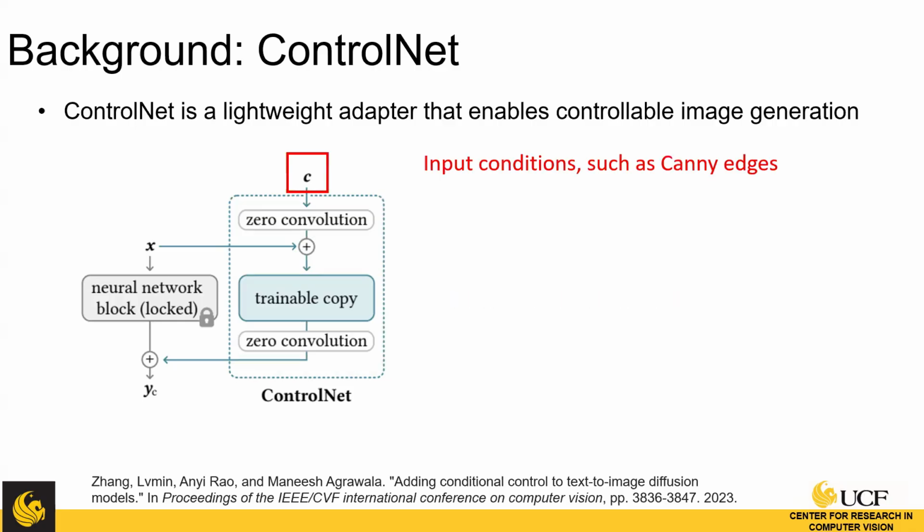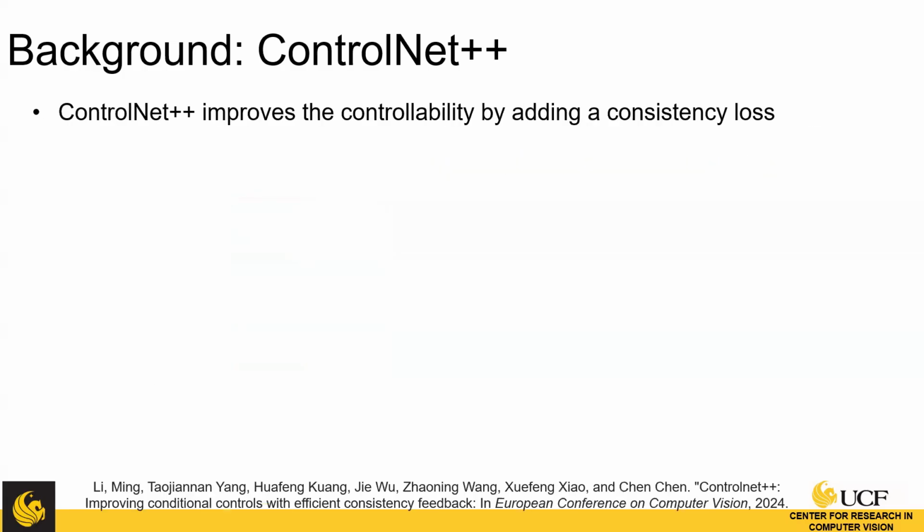The input conditions such as canny edges are extracted by the copied diffusion model, which we call the ControlNet. The reason it is lightweight is that we only copy the encoder part of the diffusion model, so it is actually a lightweight adapter.